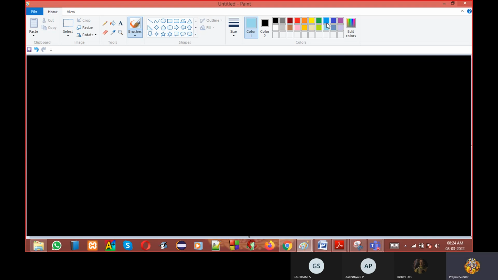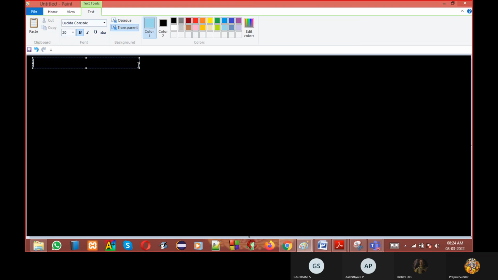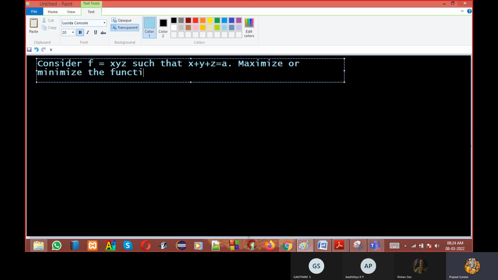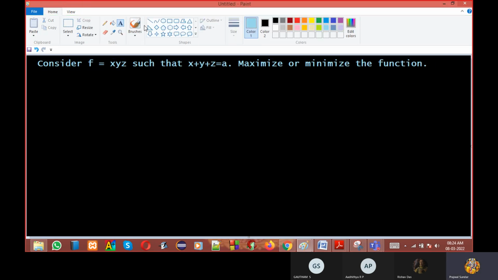Okay. So I'm giving you, consider the function xyz such that x plus y plus z equal to a. Maximize or minimize the function. Listen carefully. With this theorem, in our syllabus, we can only find stationary points.